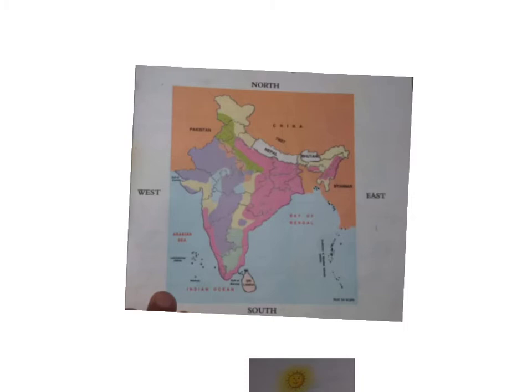Now time. Dear students, the sun not only gives us an idea of the direction, but it also helps us to know the time. Once again I will repeat. The sun not only gives us an idea of the direction, but it also helps us to know the time.